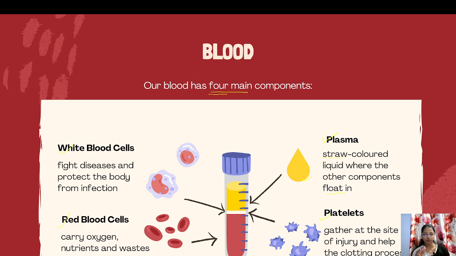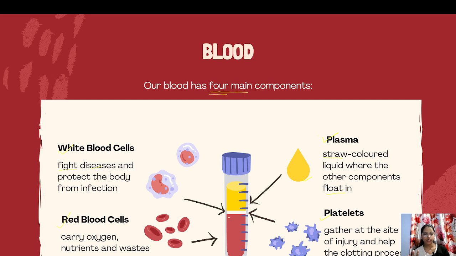Okay, next is white blood cells. White blood cells form a patchy layer between the plasma and the red blood cells, and they are involved in fighting diseases and foreign particles, so that they protect our body against infections. Okay, next are the red blood cells.